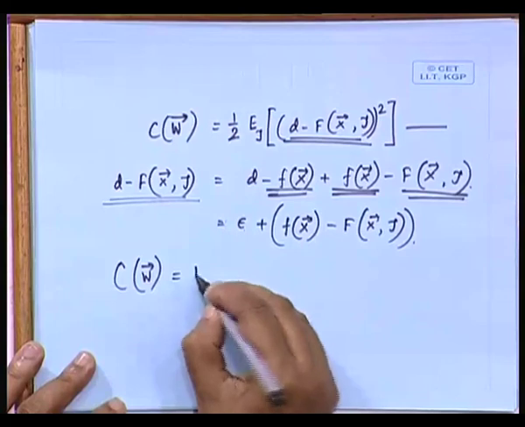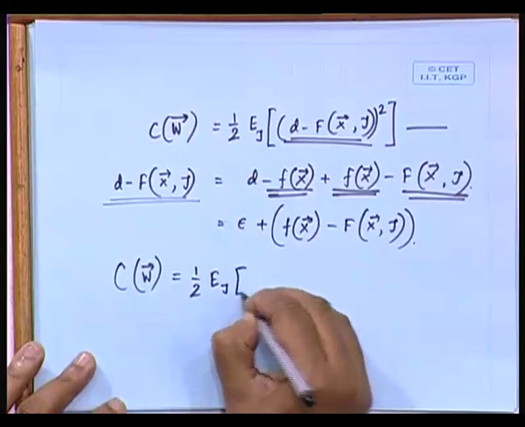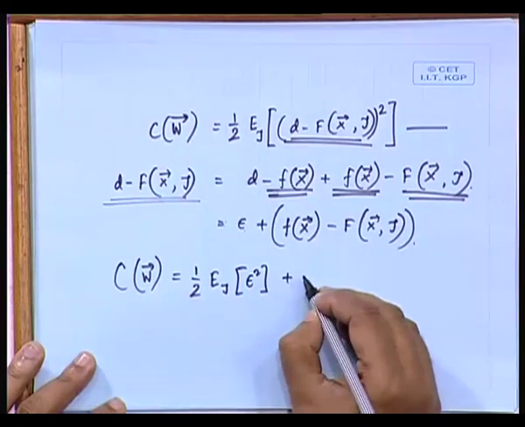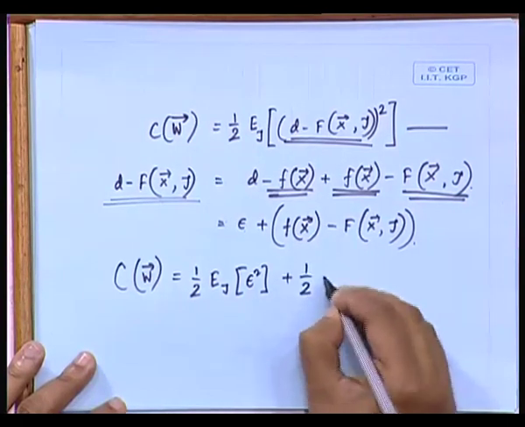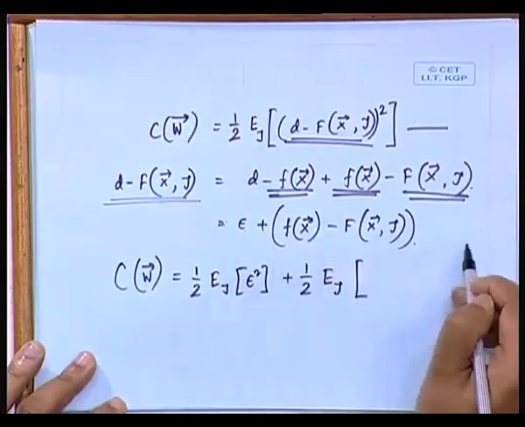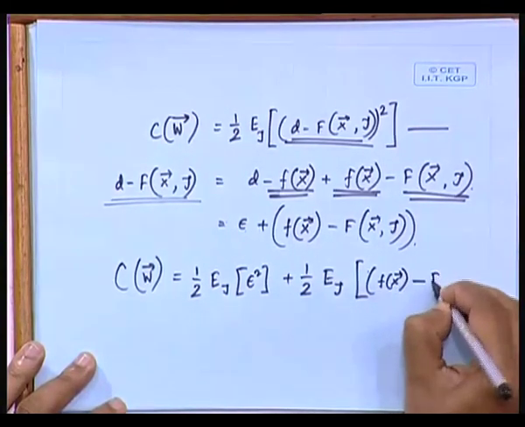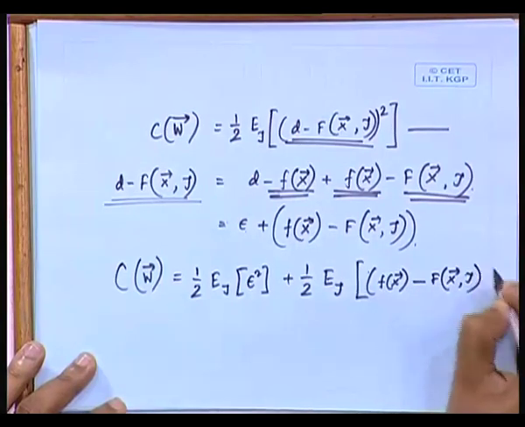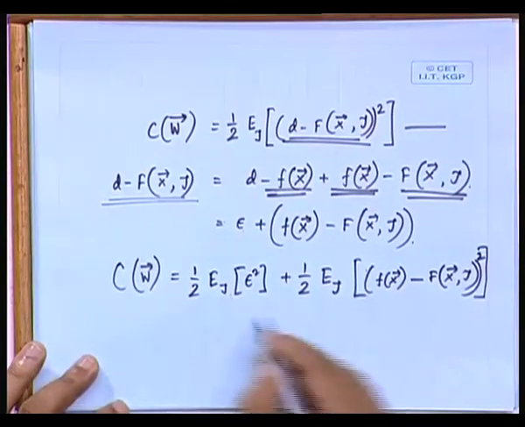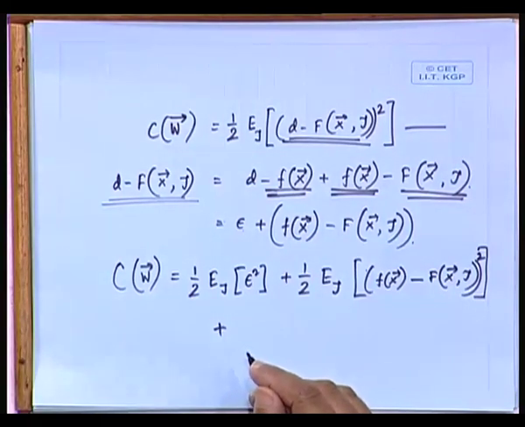So, there will be a term half of E_T of epsilon squared, very much, plus another term which is half of E_T of the square of f(x vector) minus F(x vector, T), and then there will be another term which will be epsilon times this.